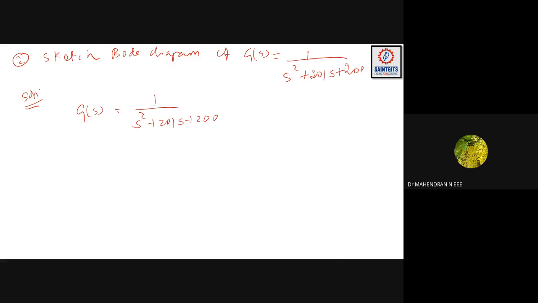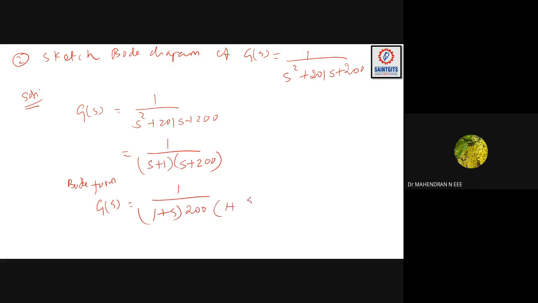Here we are getting a quadratic equation, so we have to solve this. If you solve this, you will get 1 divided by S plus 1 into S plus 200. Then convert into Bode form. The Bode form will be G of S equal to 1 divided by S, and take 200 outside, then it will be 1 plus S divided by 200.